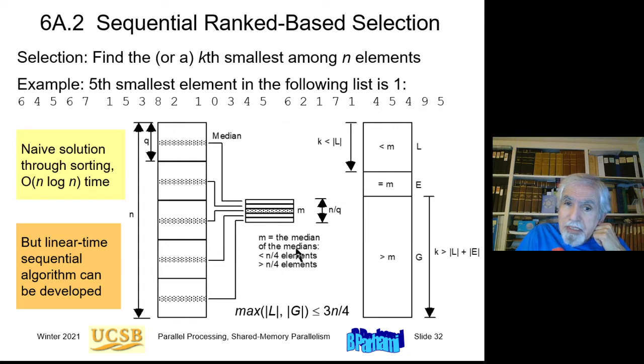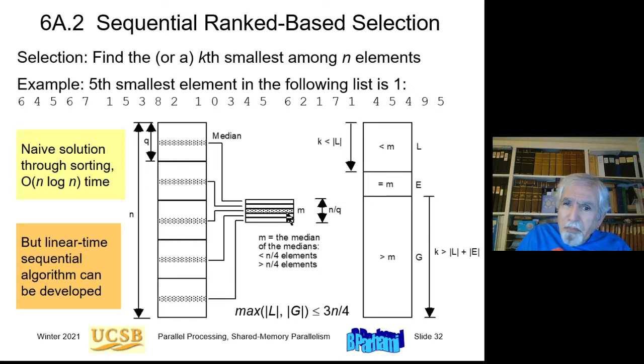The reason for this is that this median m is larger than roughly half of the elements, the ones that come before it, if we sorted the list. We are not sorting it, but if we sorted it, roughly half of the list elements come before m. And each of those is larger than q over 2 elements here. And here I'm using some approximations, okay? Because the median is not always really the middle element. If the number of elements is even, for example, it can't be the middle element.